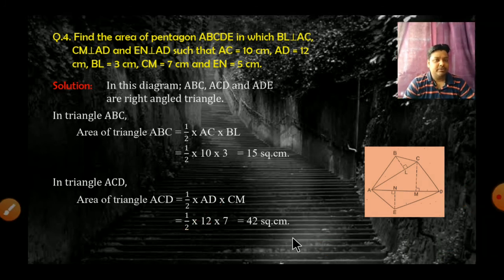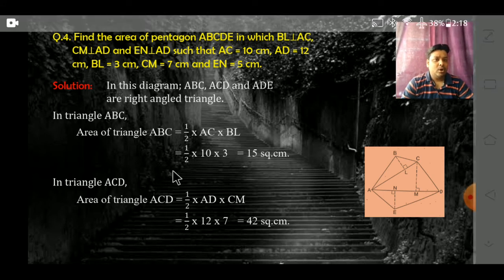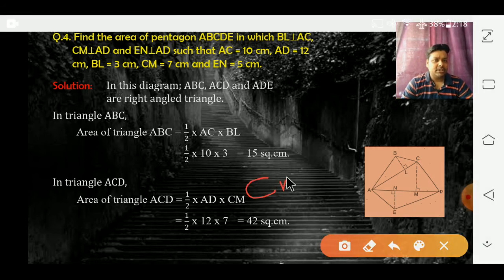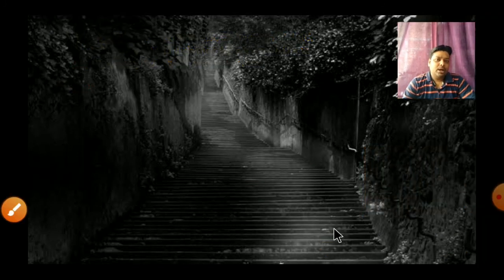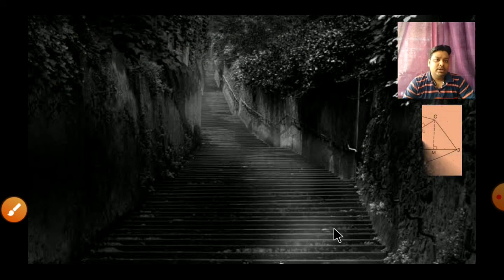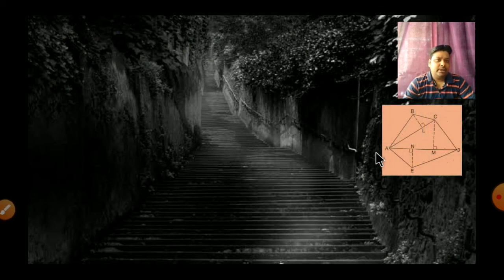So we will write in square centimeter or centimeter square. Both are same. Okay. Now, after that, the third triangle is what? ADE. In triangle ADE, AD is the base and EN is the height.